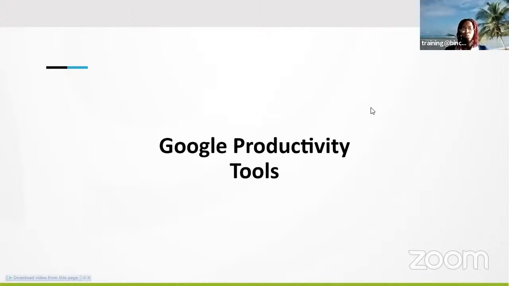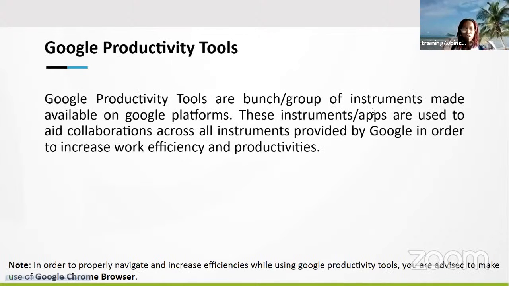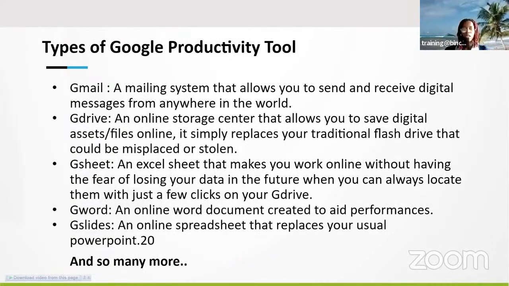So let's move on to productivity tools. We have a bunch of productivity tools while using Google. We have a lot of Google Suites. So we have the Gmail, which is where you send emails to. You have the Google Drive, which is where you do any of your storage. You have the Google Sheets, that's, let's say, a substitute of Excel sheets.